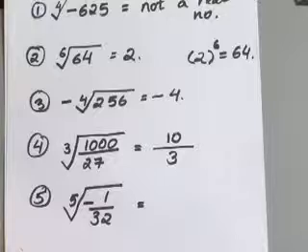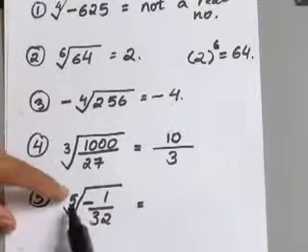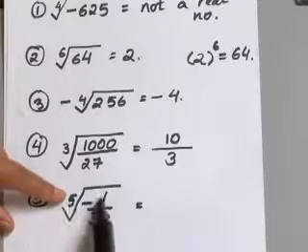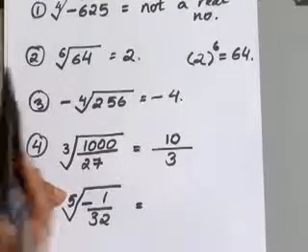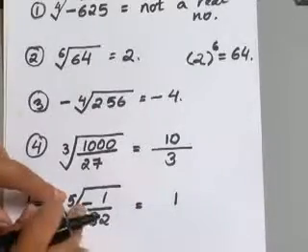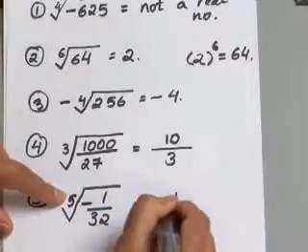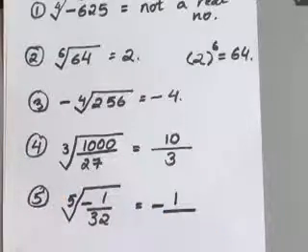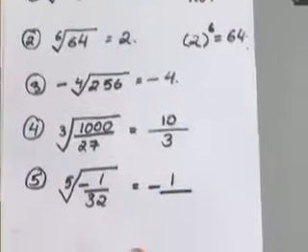And what do you think that should be? What number multiplied into itself 5 times will give you 1? Okay, just like we saw earlier, that number has to be 1. And since this is negative, we can safely say that the root itself is also going to be negative.